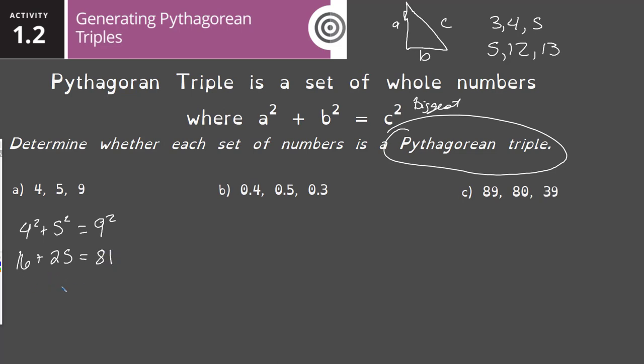So if I add these together, I come up with 41. Does that equal 81? No. So it's not a triple. I want you to do B and C.